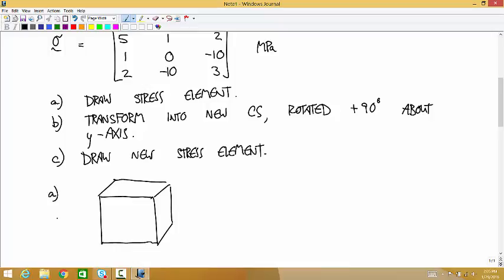Okay, so if this is the coordinate system, the usual coordinate system, we have 5 that way, 1 that way, and then that one has to match. Positive 2 that way, and then that one has to match.